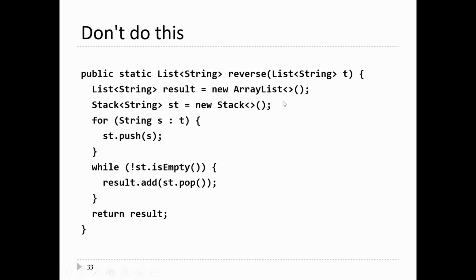If you're going to use a stack, you make a new stack, and you simply push every element from T onto the stack. So for each string S in T, push the string S onto the stack. And now pop the stack until it's empty. While the stack is not empty, pop the stack, take the element, add it to the result. And that gives you a reversed list.